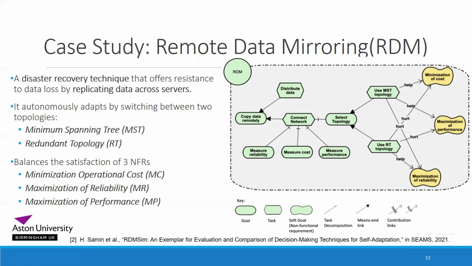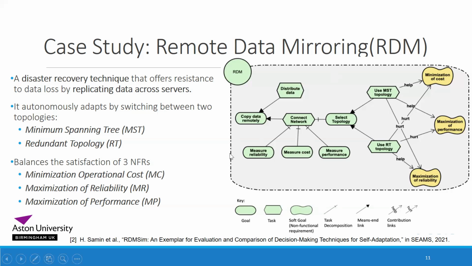The minimization of operational cost is computed using the bandwidth consumption. Maximization of reliability is computed by considering the total number of active network links, and maximization of performance is computed by the total time to write data.